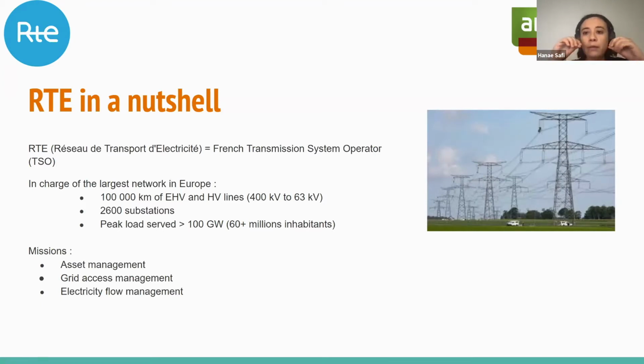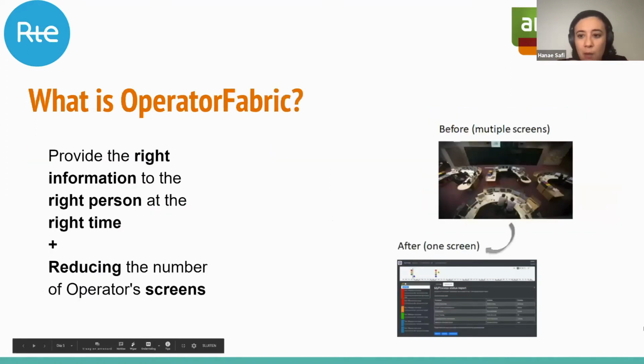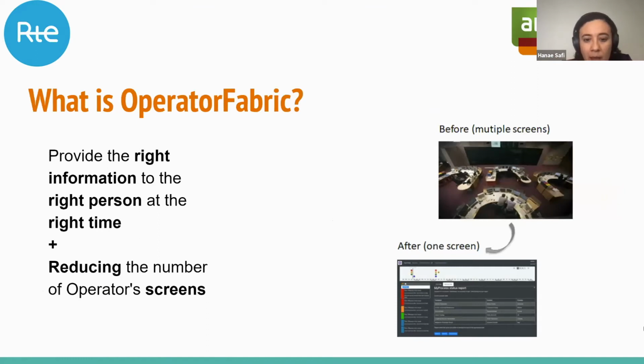So one great example of this complexity is the really very impressive grid control rooms. It is the place where the grid is monitored by a deeply focused operator. So Judith, would you like to please move to the next slide so I can show how the control room looks like in RTE.